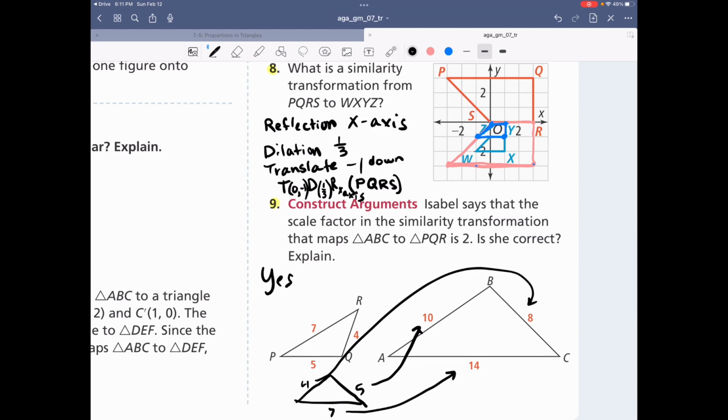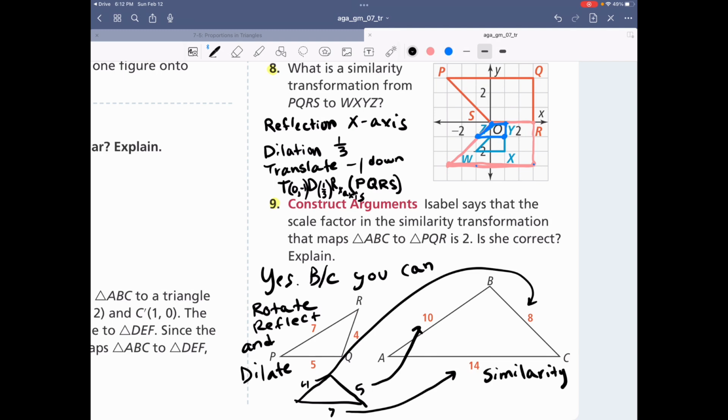So yes, because you can rotate, reflect, and dilate, which is a similarity transformation.